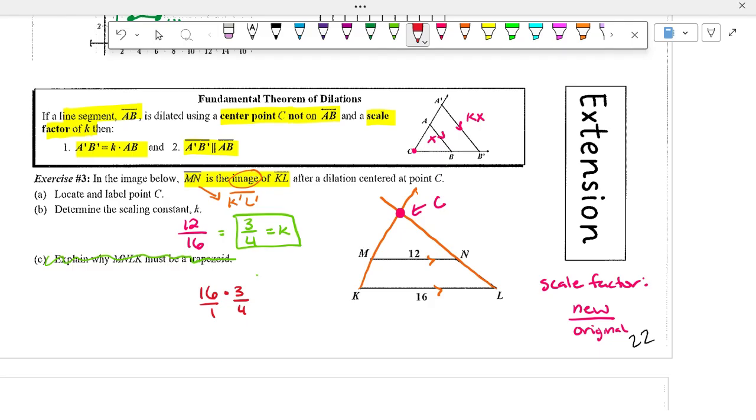We don't cross multiply. It's just straight across. So 16 times 3 is 48 over 4, because 1 times 4 is 4. And what's 48 divided by 4? 12. So we got what we transformed. That's the way you can check yourself to make sure you have the correct scale factor. Multiply the original by your scale factor, and see if you get the new.